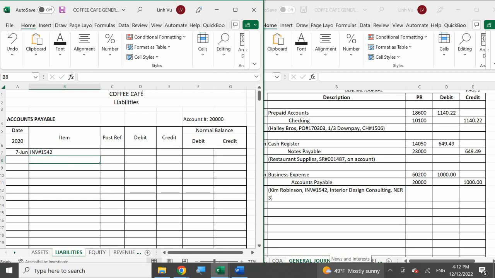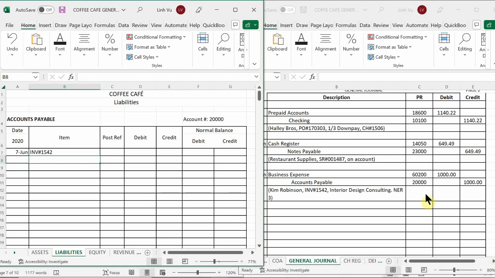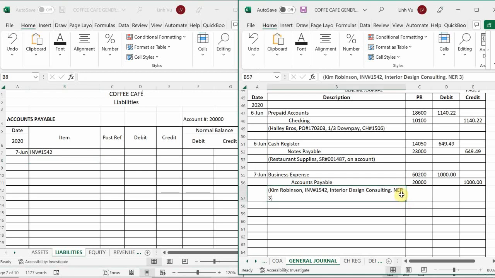Okay, so if I pull up that information, I'm able to see that I received a bill from Ms. Kim Robinson, and that she did some interior design consulting, and when the bill is due, and so on and so forth, right? You can get all the information just like that through the invoice number.